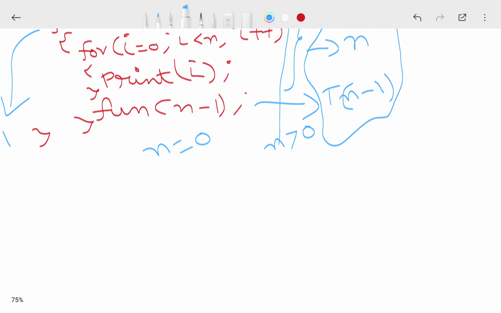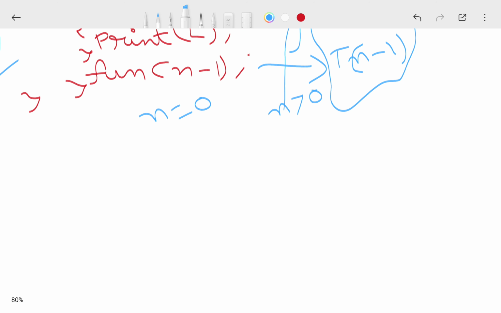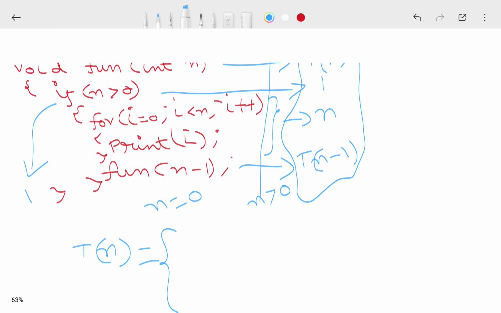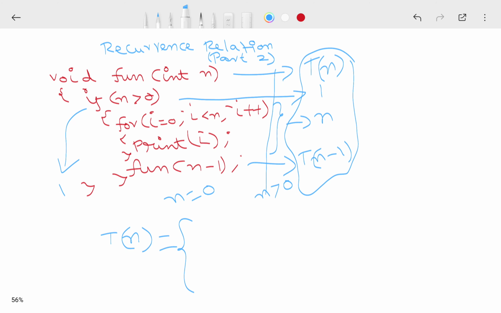So T of n, for n greater than 0, T of n is equal to 1 plus n plus T of n minus 1. That means T of n minus 1 plus n plus 1. So we can take that n plus 1 as n.